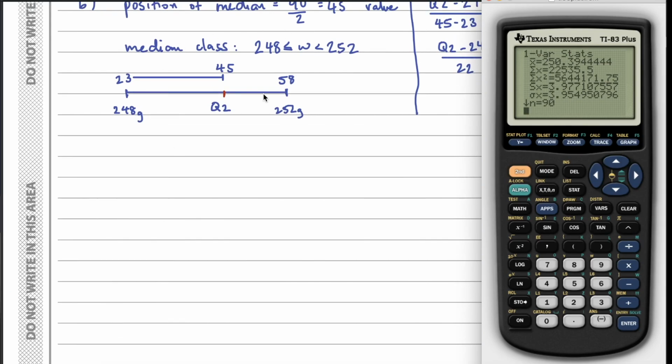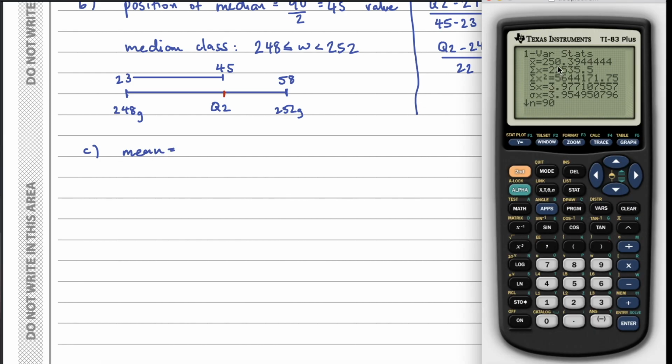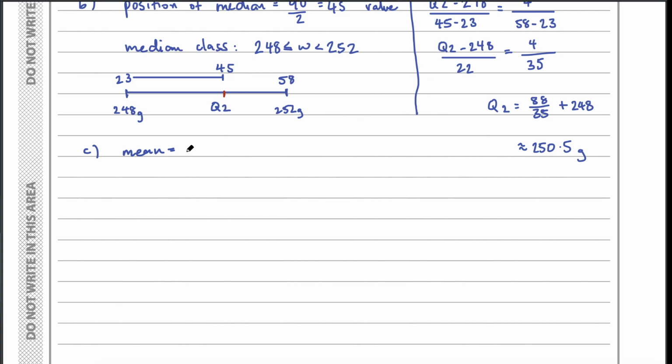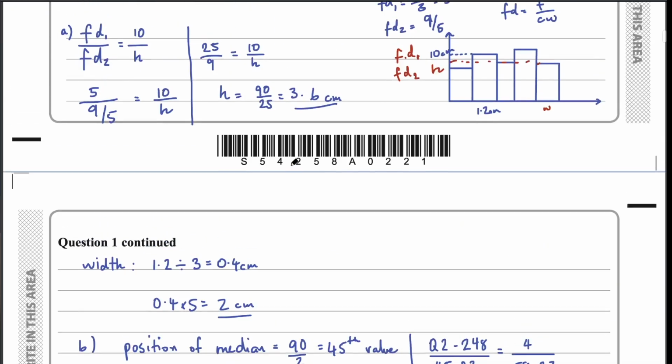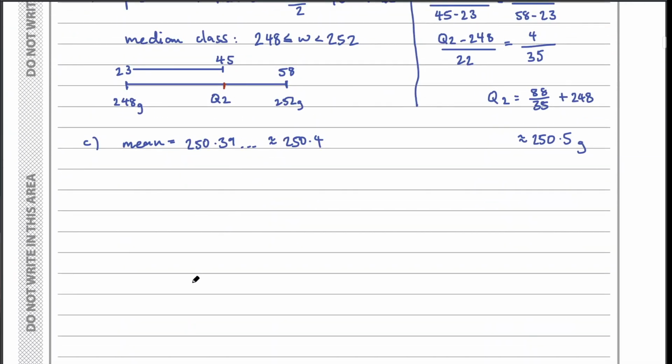So we can say for part C, we've got a mean equal to 250.39, and that goes on, and this was approximately equal to 250.4, and the question again said to 1 decimal place, so make sure you're rounding those correctly.